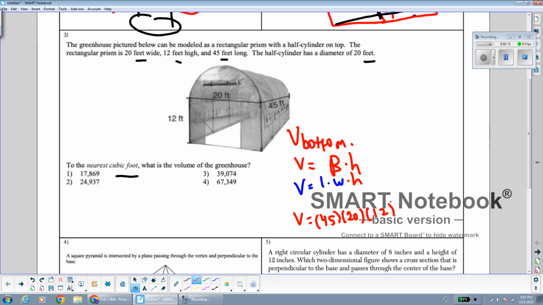Once again, it's all in feet. Let me grab my calculator, 1 second. I'm going to do 45 times 20 times 12, and I got 10,800.